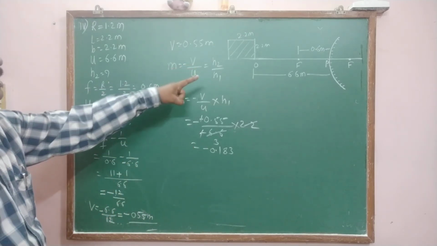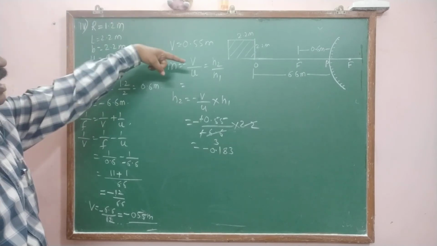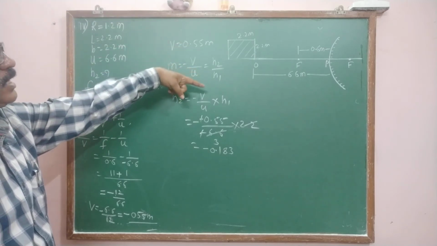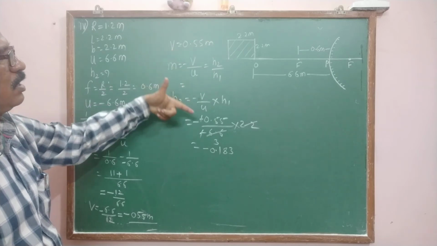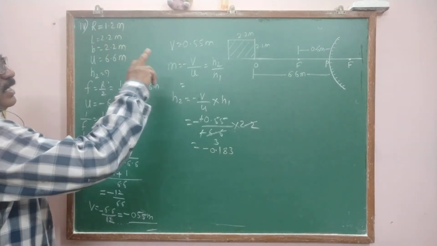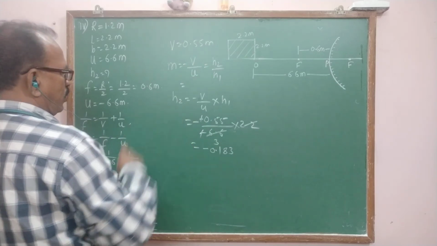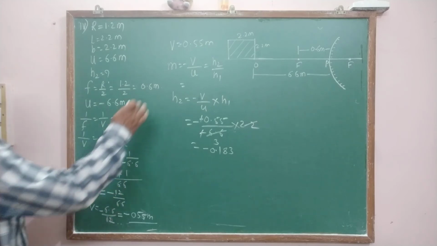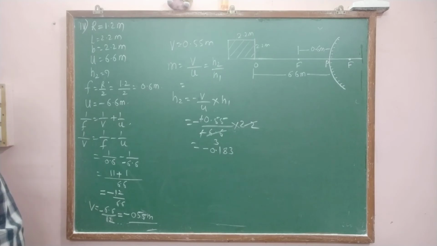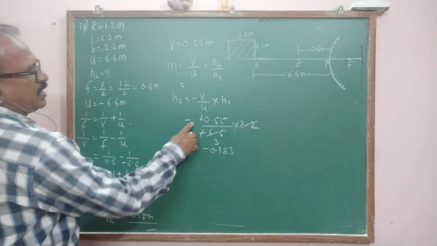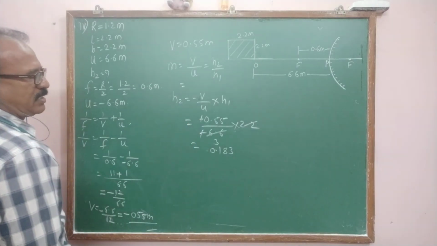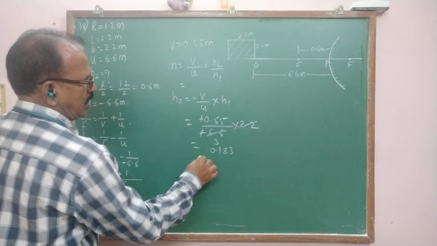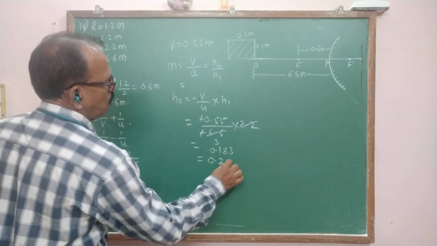H2 is positive, and h1 is also positive, upper side. H2 we have to find out. V is equal to minus 0.55, and the formula for the convex mirror is minus v by u. So the minus sign cancels out. That will be 0.183, about 0.2 meter.